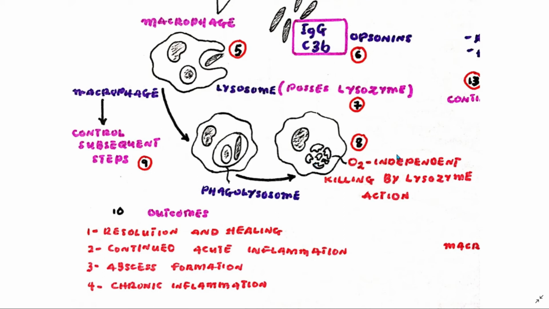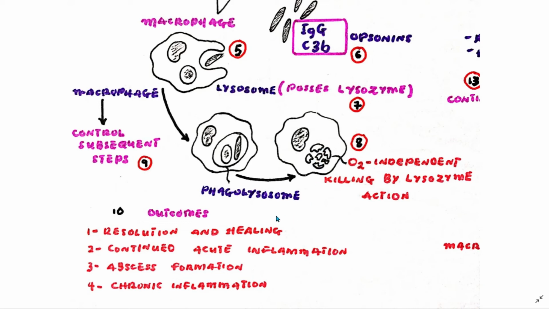This process of killing these organisms is not dependent on oxygen. It's mainly done by the enzymes produced in the secondary granules, and in this case we are talking about the lysosome producing lysozyme to destroy the microorganisms.